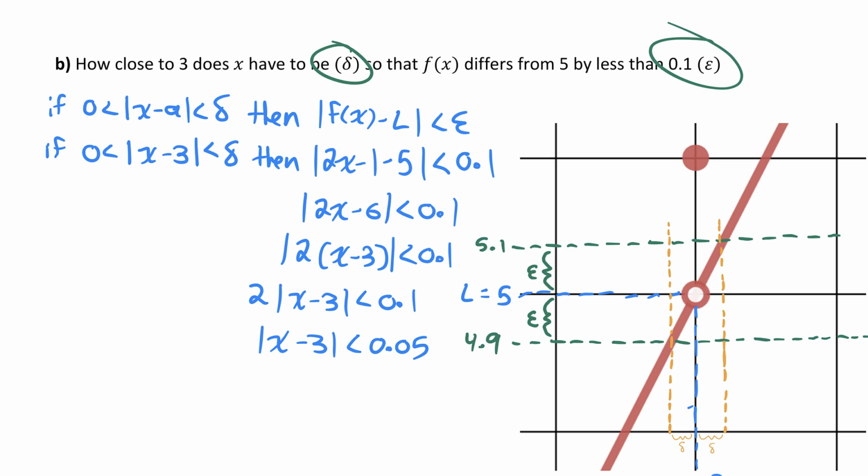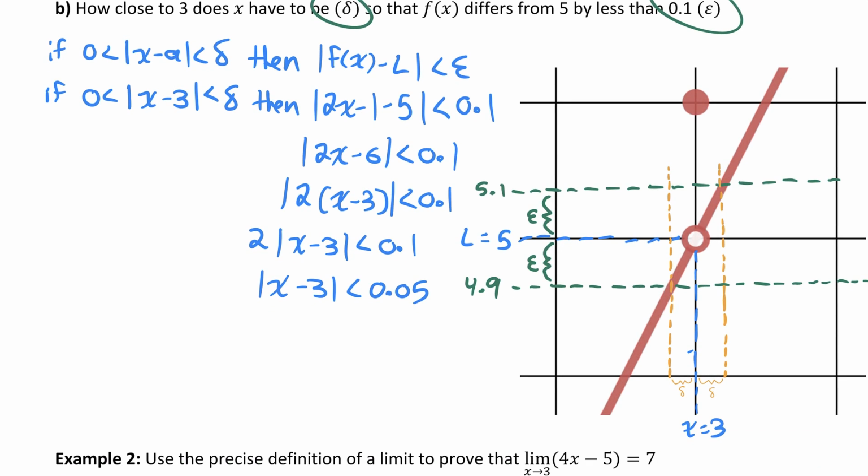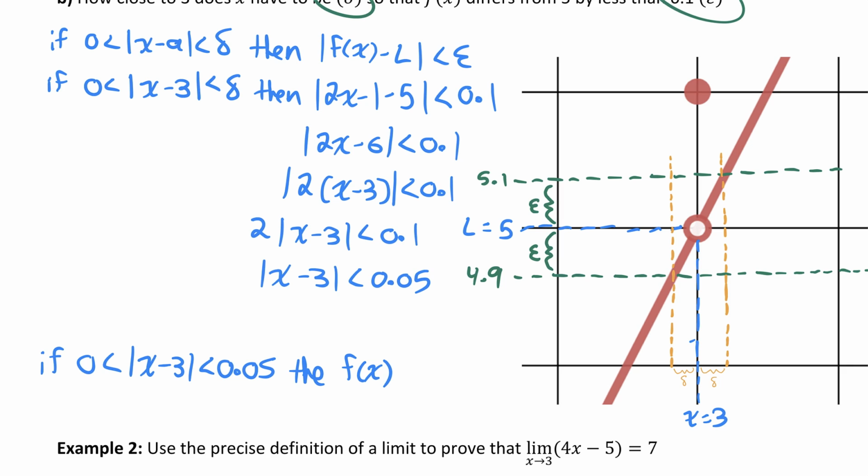So I can see from my statement here that if x minus 3 is less than delta, then x minus 3 is going to be less than 0.05. So I can make my concluding statement that says that if the difference between x and 3 is less than 0.05, then the difference between the function and the limit, which was 5, is going to be less than 0.1.